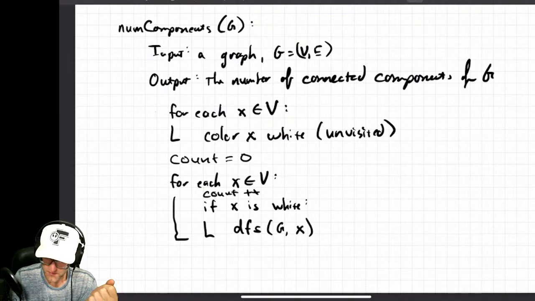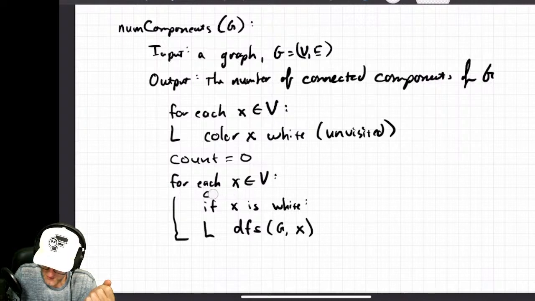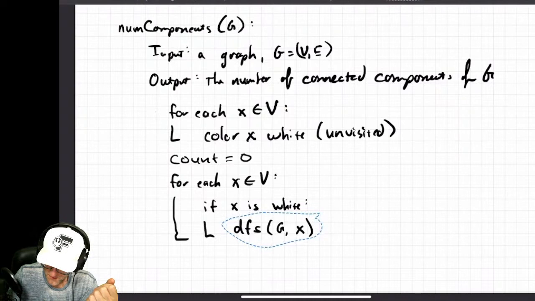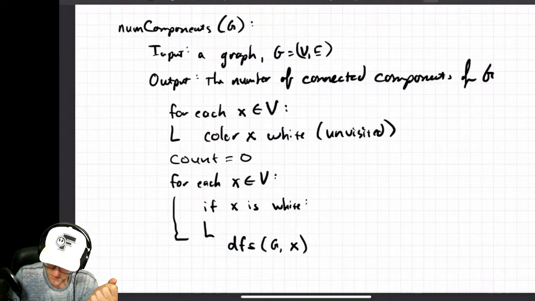Okay. I'm glad I said that because I just discovered a bug here, right? So I don't actually do it in this loop here. Where do I do it? I do it here. Every time I actually have to perform a DFS.